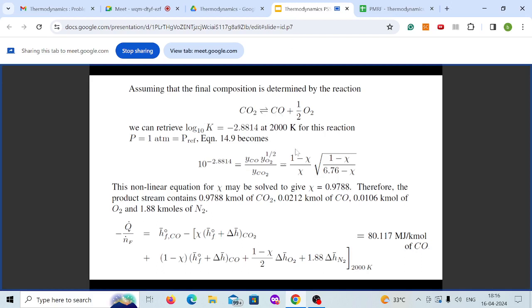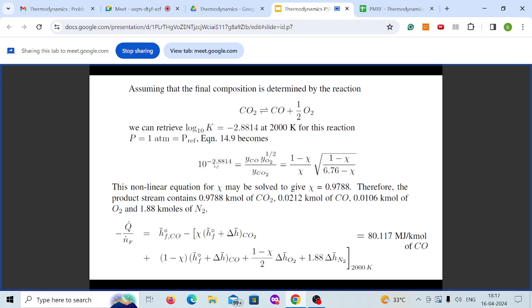For this, at 2000 Kelvin, we will find the K value: log 10 K is minus 2.8814. And again, you are assuming the reference pressure is 1 atmosphere. Using the K expression, you can substitute the K value as 10 power minus 2.8814, so we are converting from log to K by taking the power to 10.